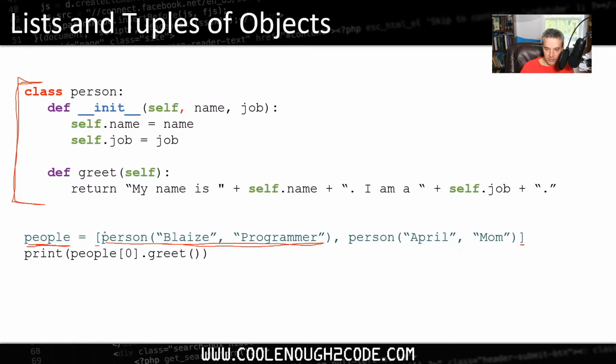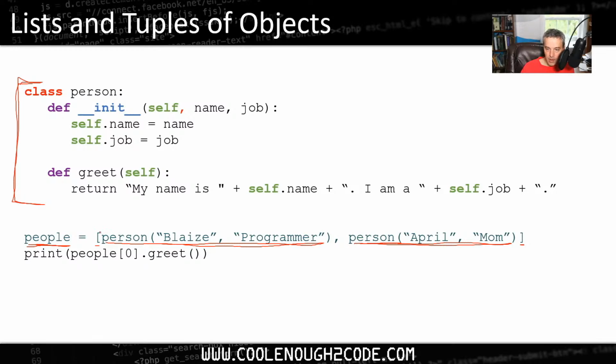I'm not assigning this to an external variable. It's just getting assigned to the first index that is a part of my list over here. So people 0 would be person Blaze programmer, and then people 1 would be person April mom. So this is the second object inside of a list of objects, and I'm calling my list people here.